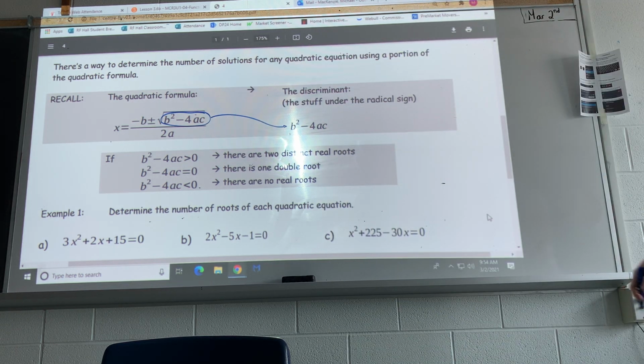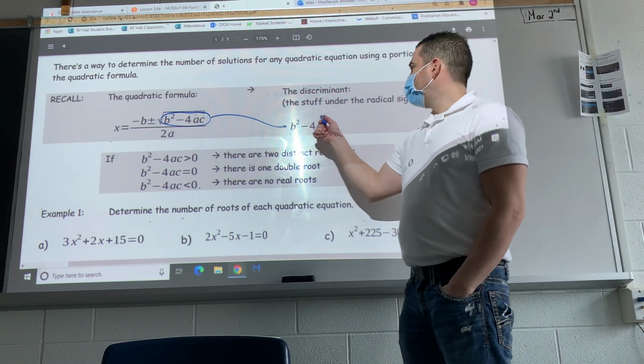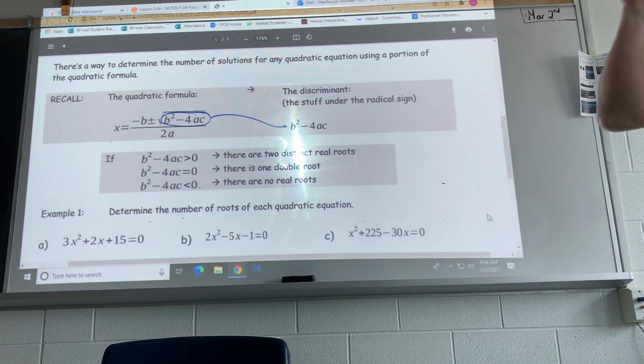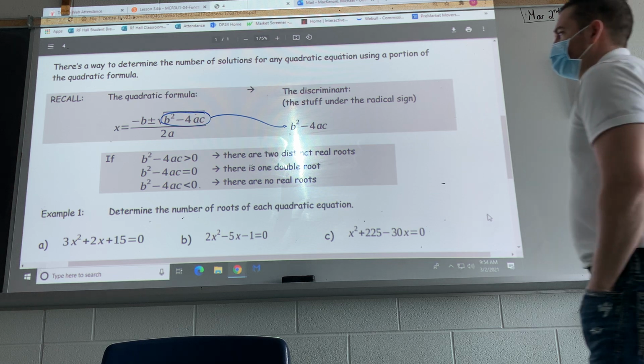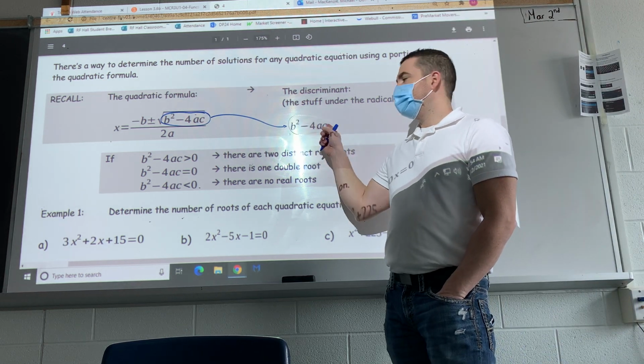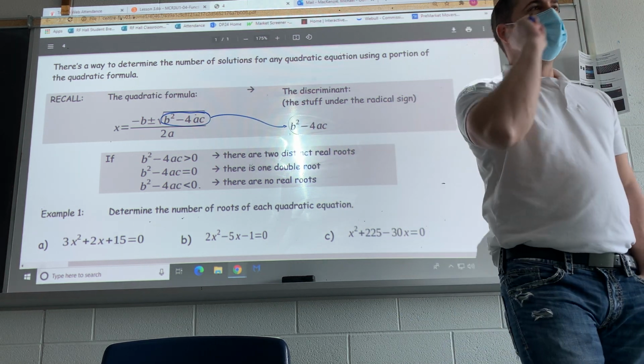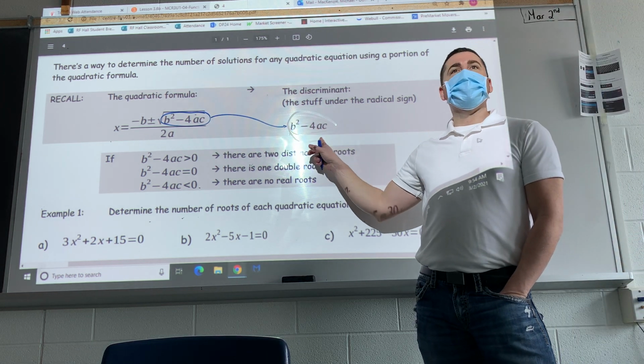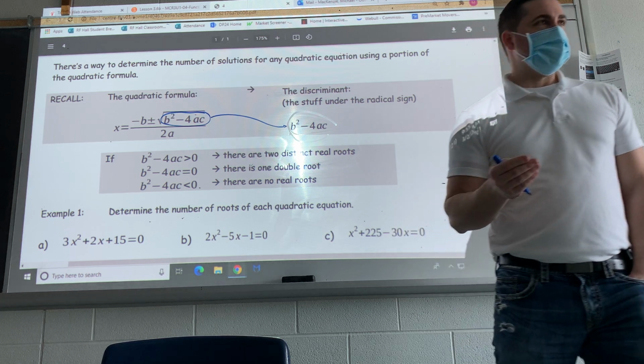Okay? And the way it works is if this number is greater than 0, there will be 2 x-intercepts. If the answer to this is 0, we have 1 intercept. And if this is a negative value, there are no x-intercepts.